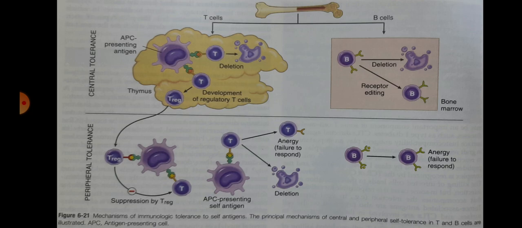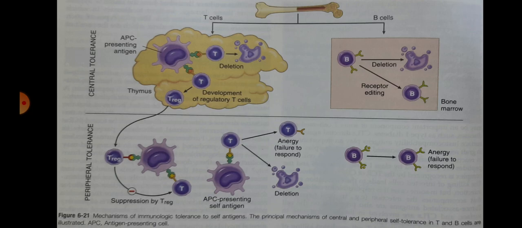Rendered harmless means inactivated. The mechanisms of central tolerance in B and T cells show some similarities and differences.